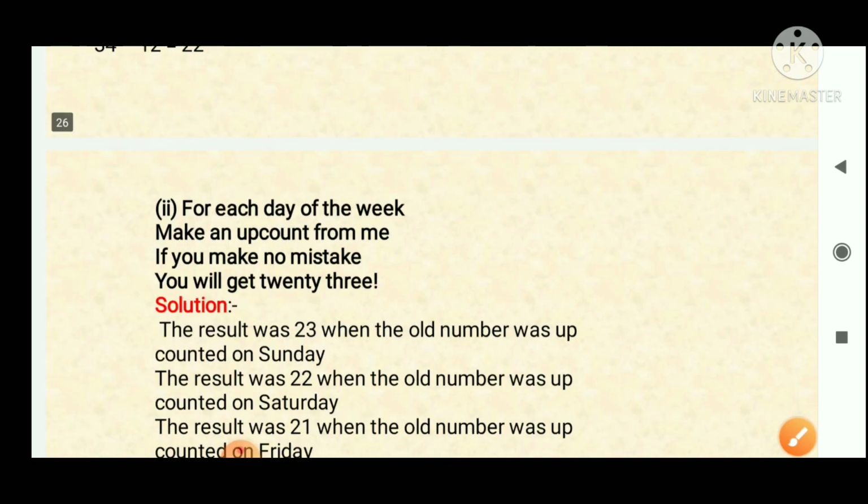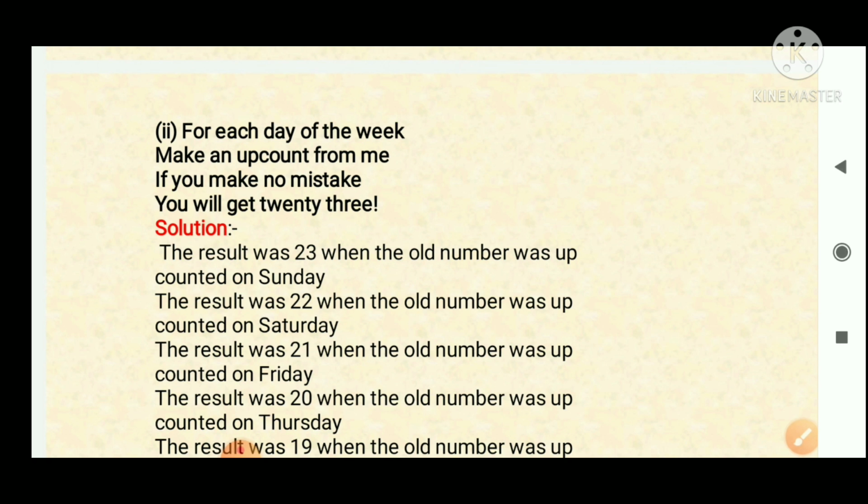Next riddle: for each day of the week make an up count from me. If you make no mistake, you will get 23. So see student, here the result was 23 when the old number was up counted on Sunday.